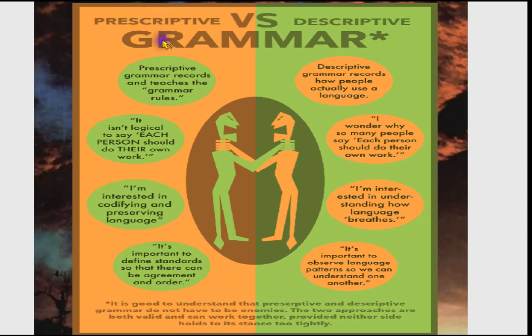That's basically what prescriptive grammar says. Now, descriptive grammar shows how people actually use a language. How they actually use a language. So they're basically trying to kill each other every time. And it will be our job to take a look at both of them since you're going to be English teachers, okay?